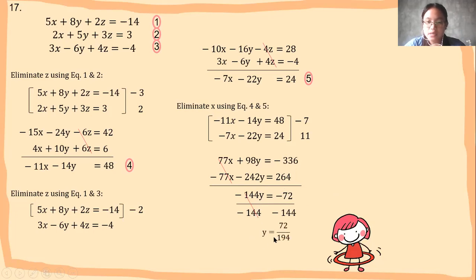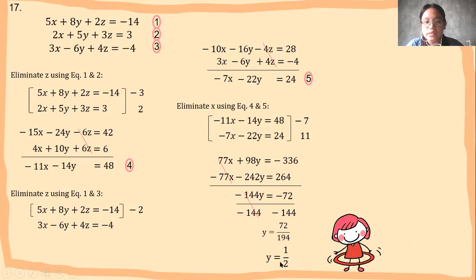Then y is equal to 72 over 144. So let's divide both by 8, or by 9 rather. So y is equal to 8 over 16. And then let's reduce to the lowest term. We will have y is equal to 1/2. So this will be the value of our y.